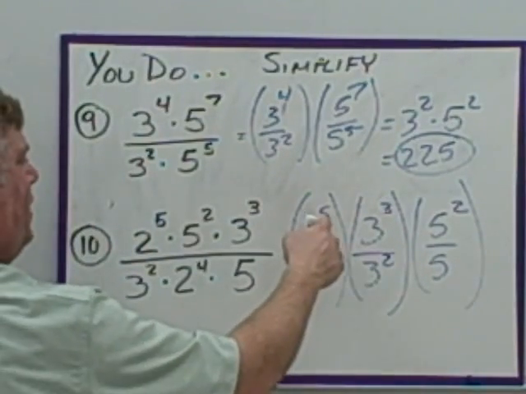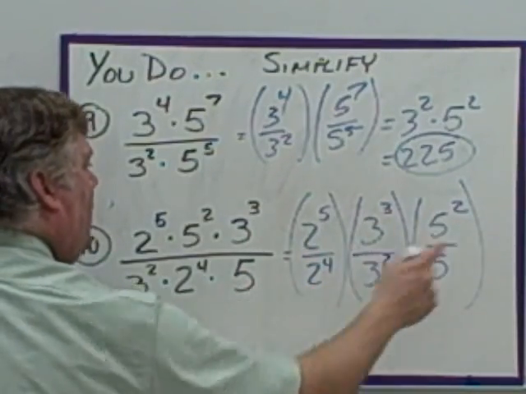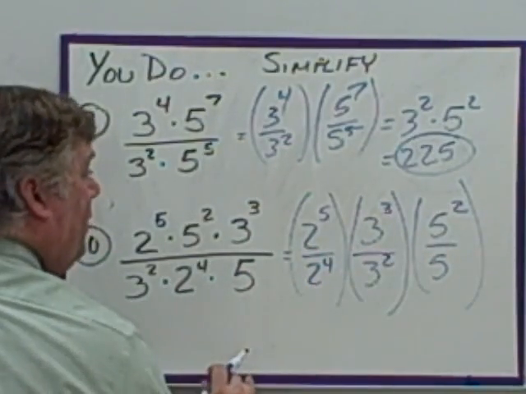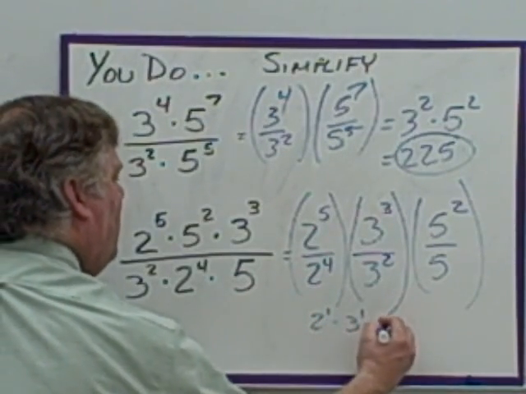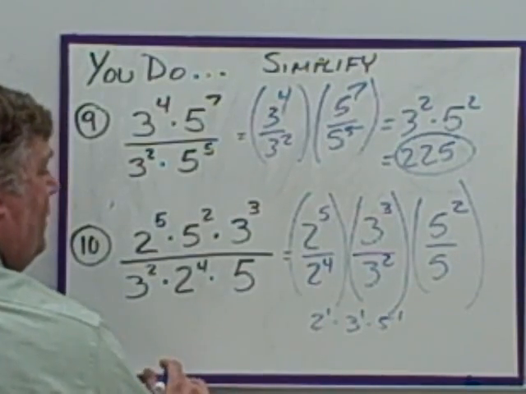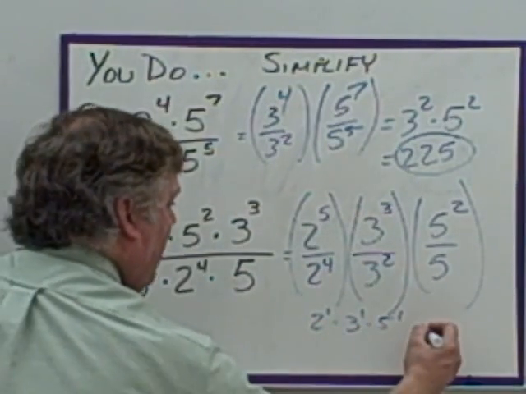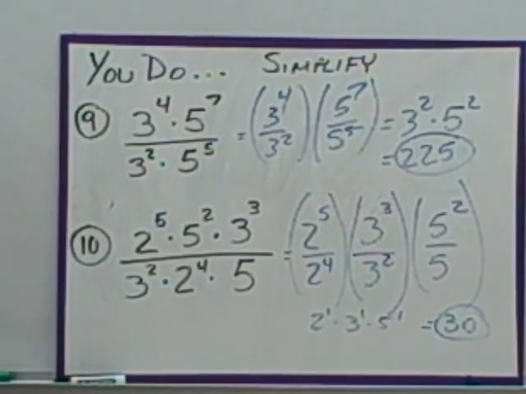When you do the subtraction here, 5 minus 4 gives you 1. 3 minus 2 gives you 1. 2 minus 1 gives you 1. So you end up with 2 to the 1 times 3 to the 1 times 5 to the 1, which is just 2 times 3 times 5. 2 times 3 is 6, times 5 is going to give you 30. See how that simplifies out?